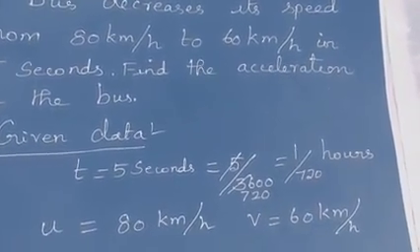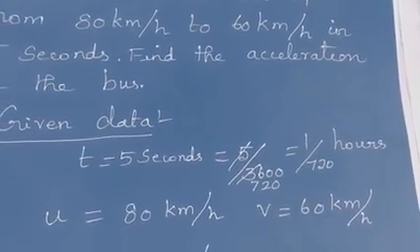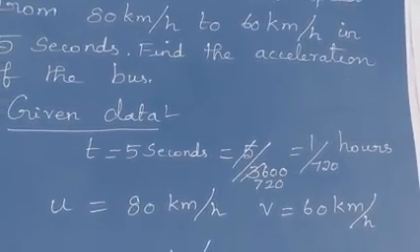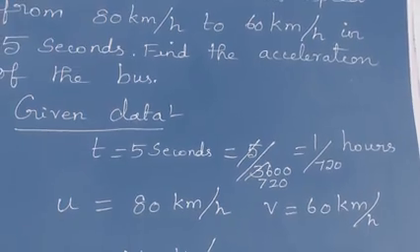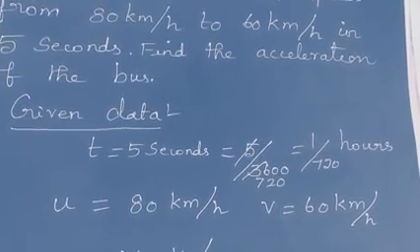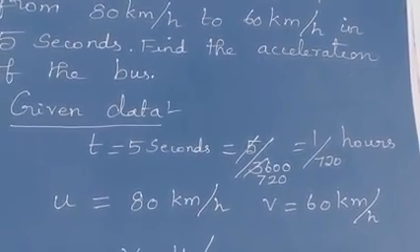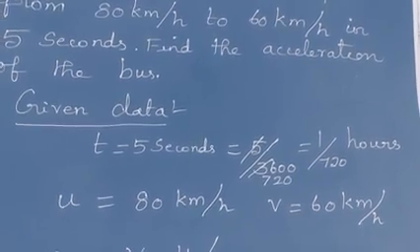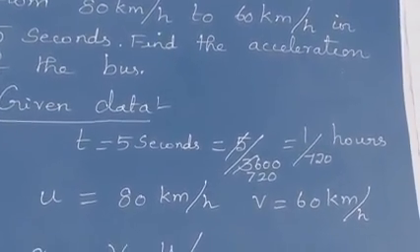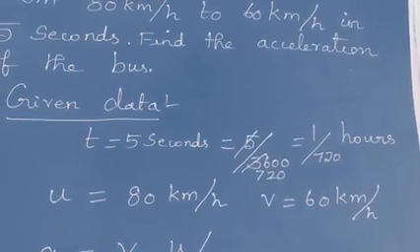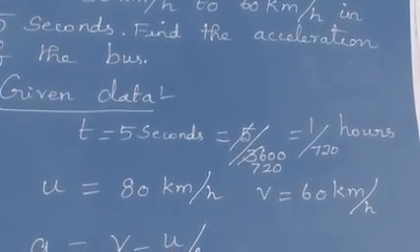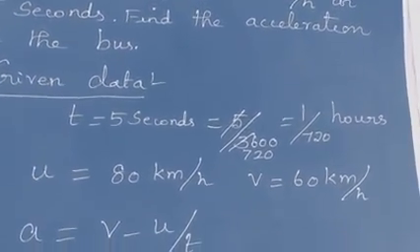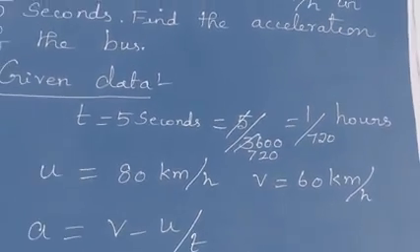Since it is in seconds, we have to convert into hours. So 5 divided by 3600. You know 1 second is equal to 1 by 3600. Then I have divided 5 by 3600. Then you are getting 1 by 720 hours.